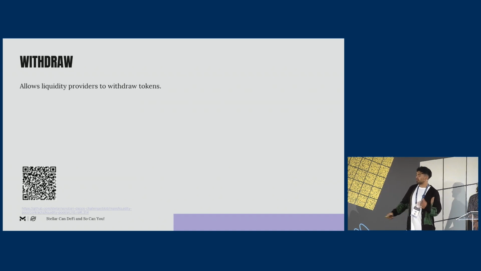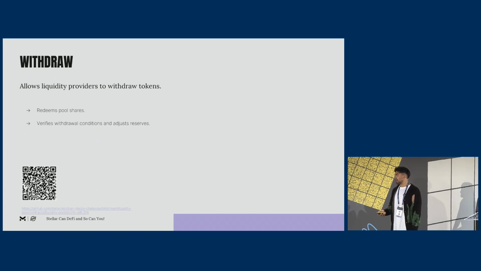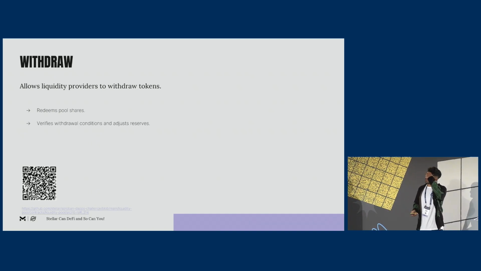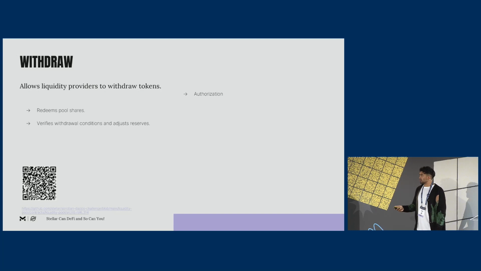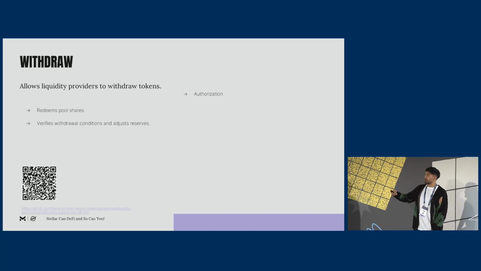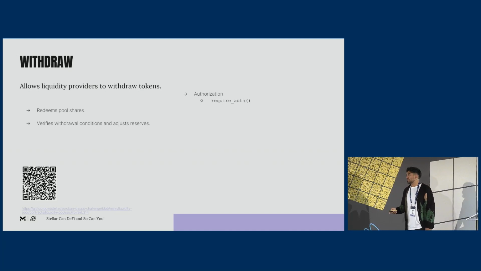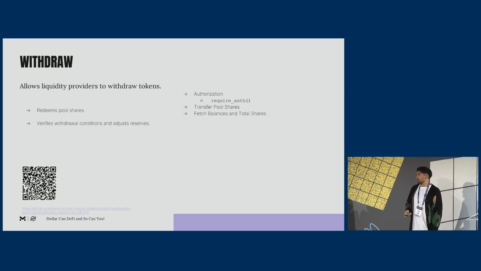All right, withdrawal works the way that you would think it works, in the reverse order of deposit. So a user redeems the pool shares, we verify withdrawal conditions are met, and then we adjust those reserves. So following a similar pattern from before, authorization, transferring the pool shares from the user over to the liquidity pool.